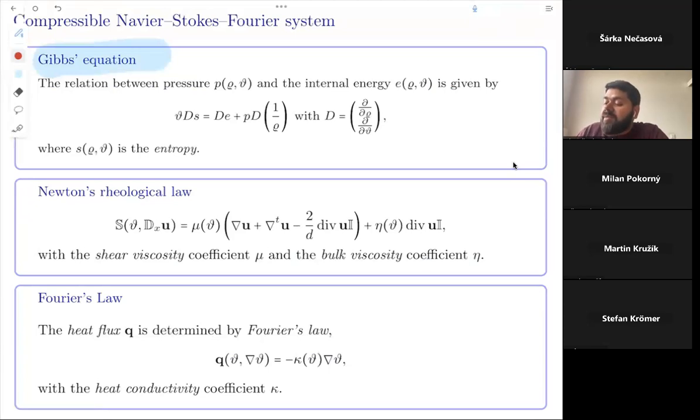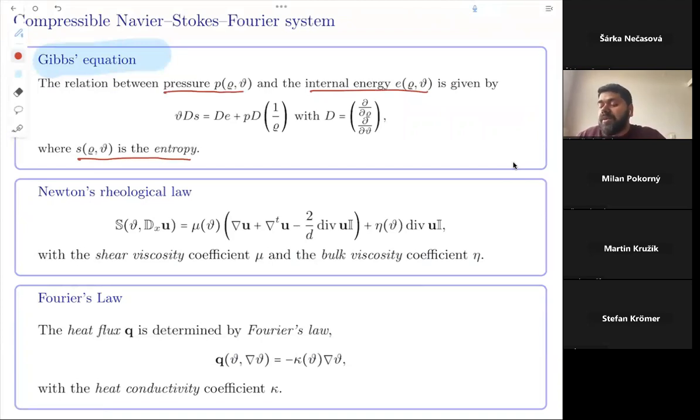It is the relation between the pressure, the internal energy, and some other quantity, which is S, the entropy. Before this, we didn't introduce anything about the entropy, but eventually it is related to the pressure and the internal energy.